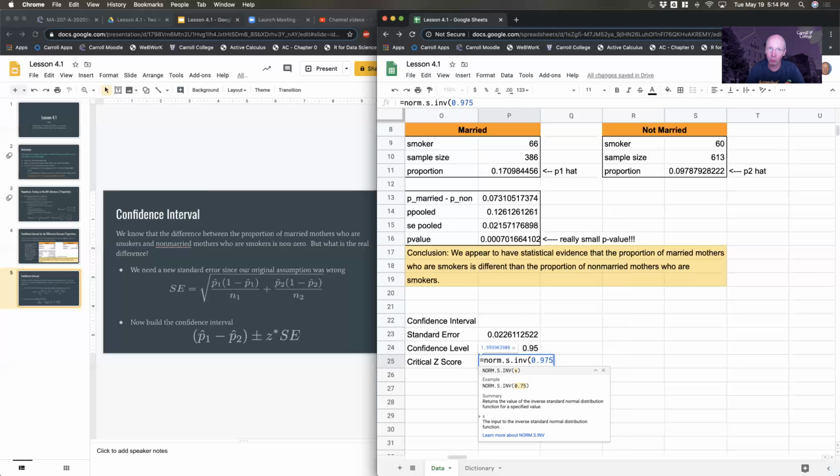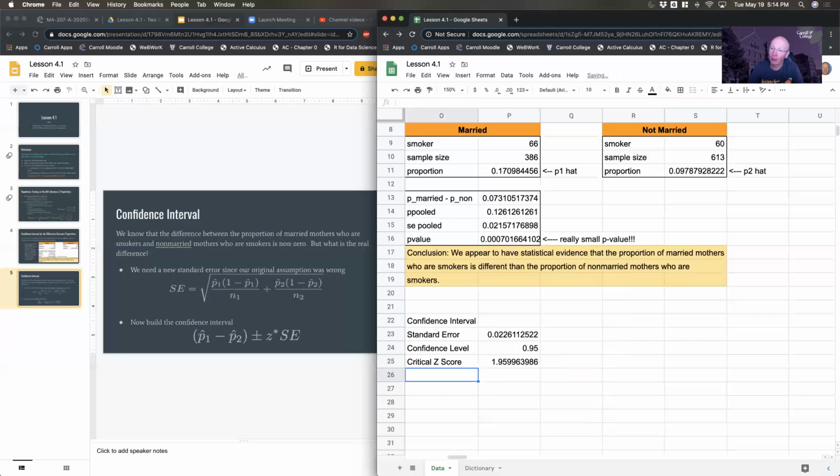Remember, the 95% plus the 2.5% in the tail, which is about 2. So my margin of error equals my critical z-score times my standard error. Same way that we've done this before. This is called the margin of error. And really remember, the margin of error is just how much wiggle room you're allowing yourself on the difference between proportions.